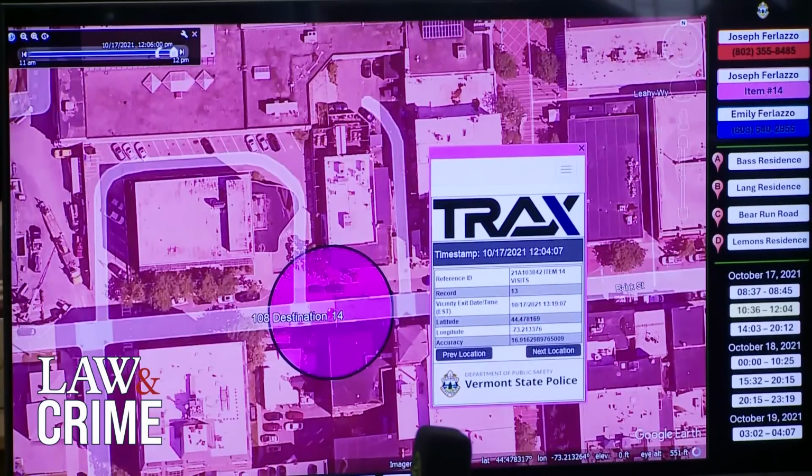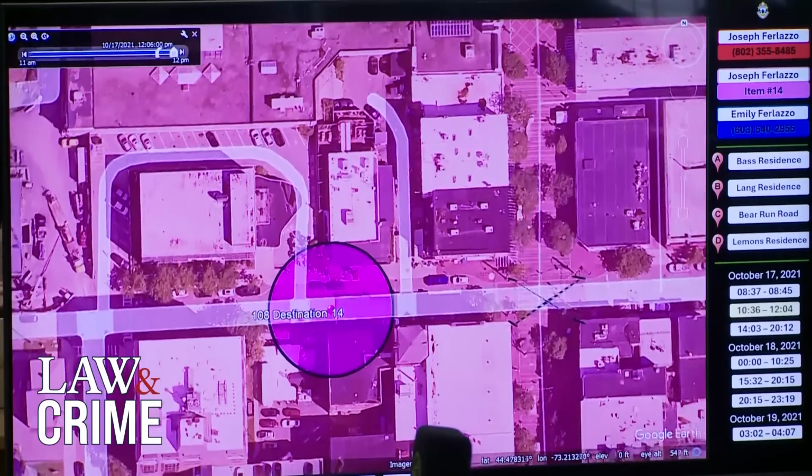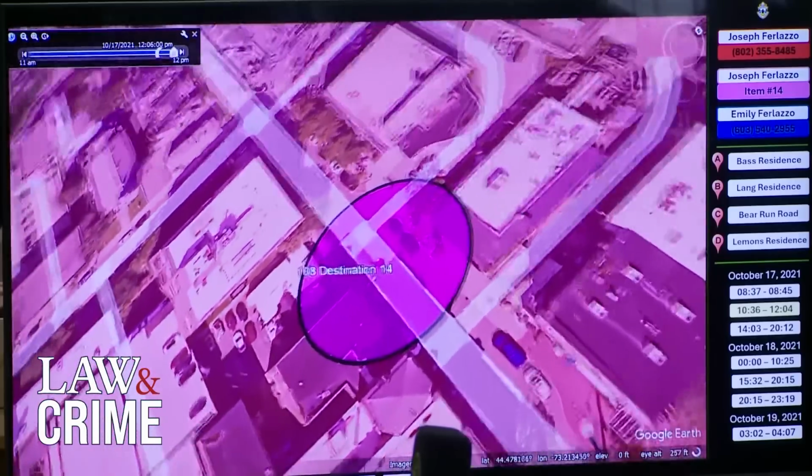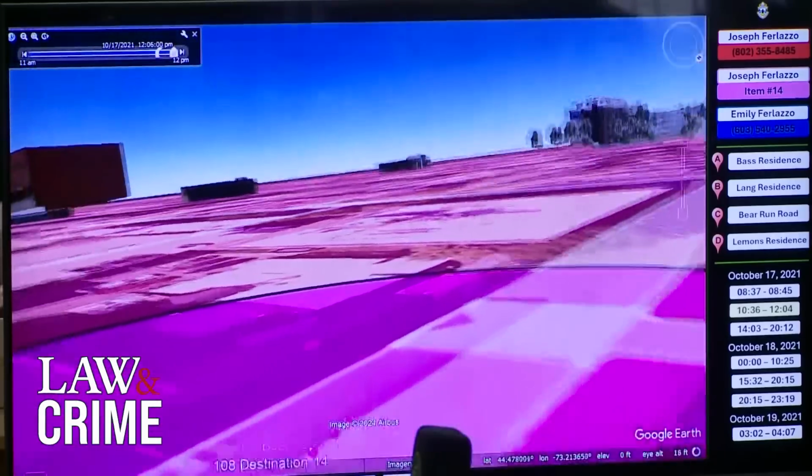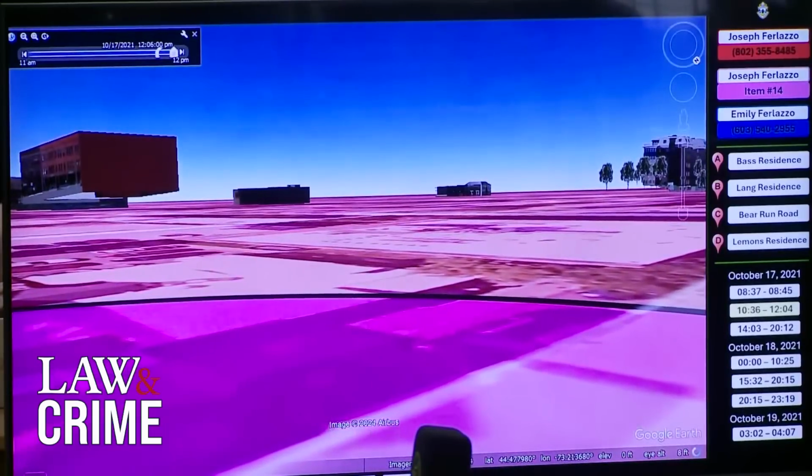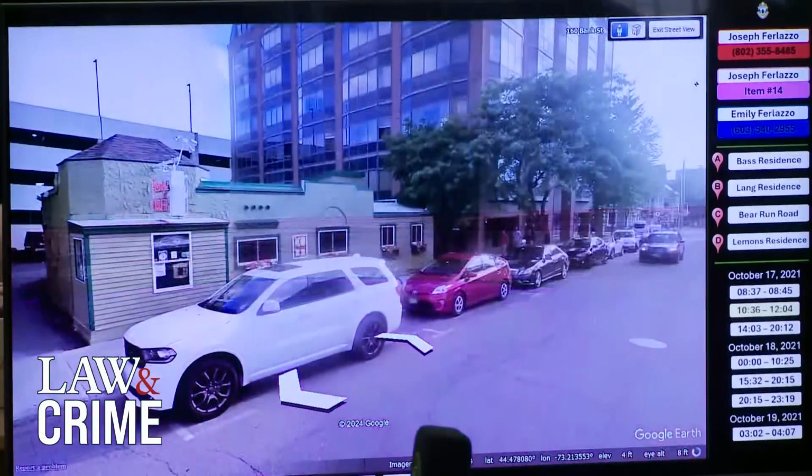And this visit lasted from 12:04 until 13:19 on the 17th. And when I went to look further to see what was in the area of where this significant location visit was, I could see that Henry's Diner was in that area.